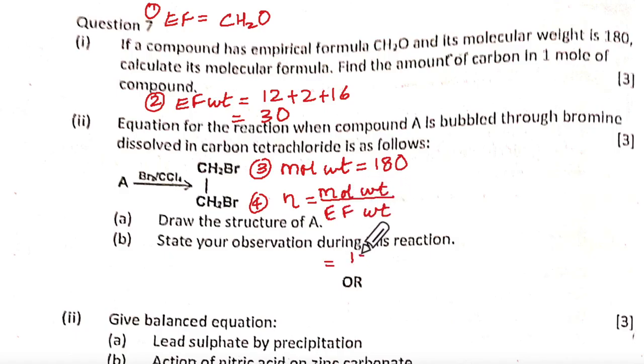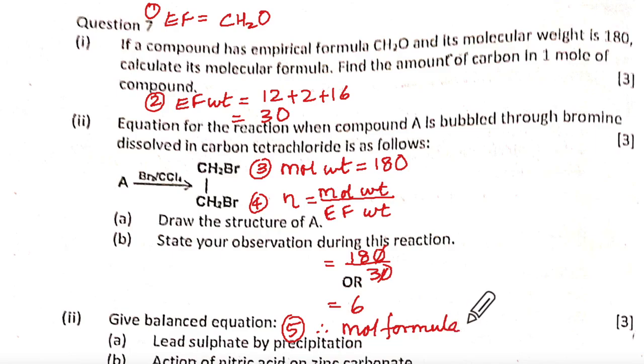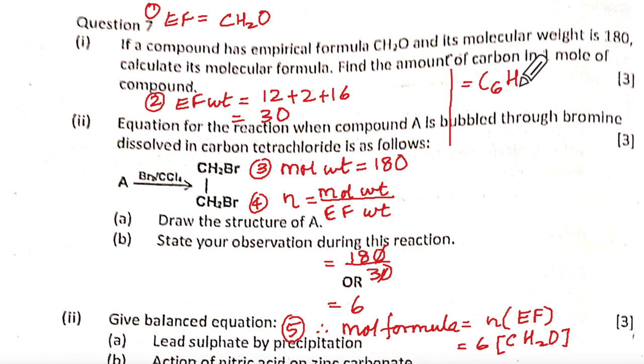How much is that? 180 upon 30, how much is that? 6. Below that will be a fifth step, therefore molecular formula will be equal to N into empirical formula, which is 6 into bracket CH2O, which is equal to C6H12O6. Very good.